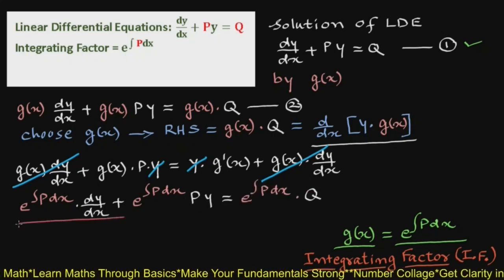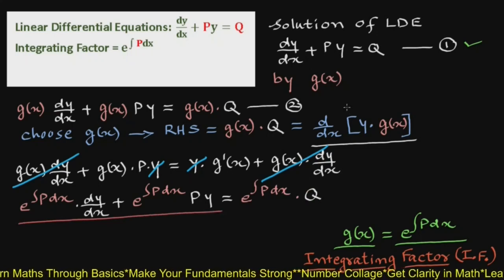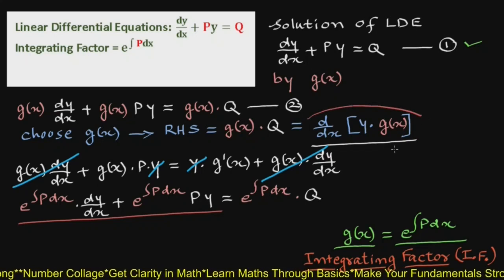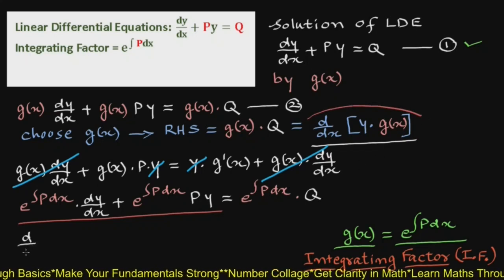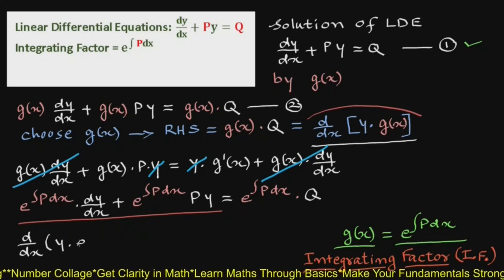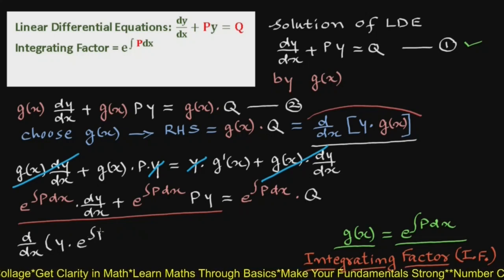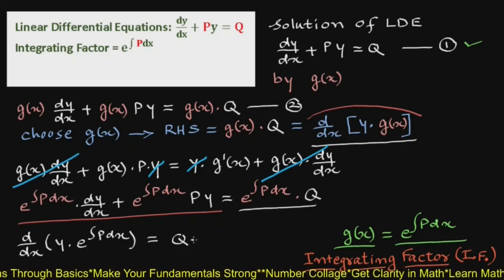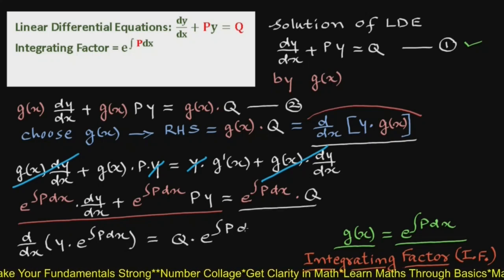Now this left hand side is nothing but d by dx of y into g(x). So this will be d by dx of y into, in place of g(x), the integrating factor e raised to integral p dx, equals q into e raised to integral p dx.